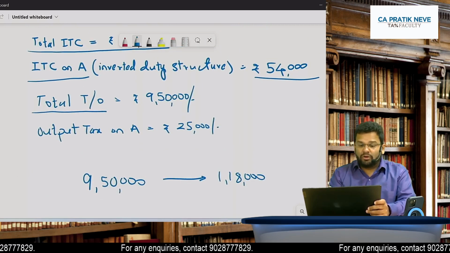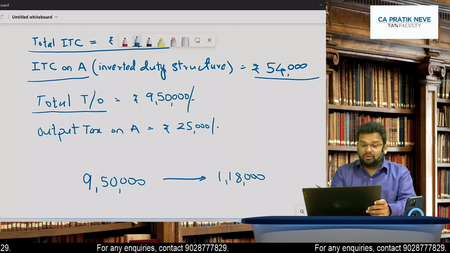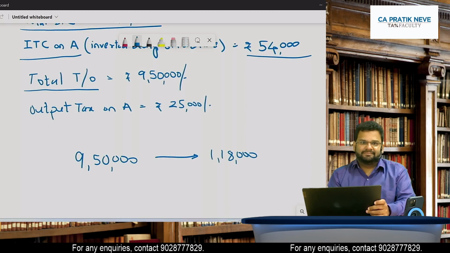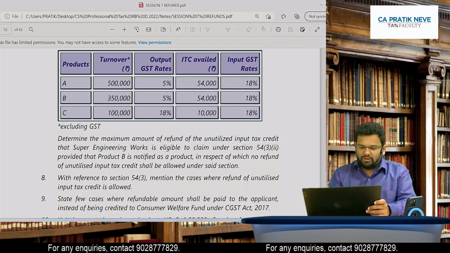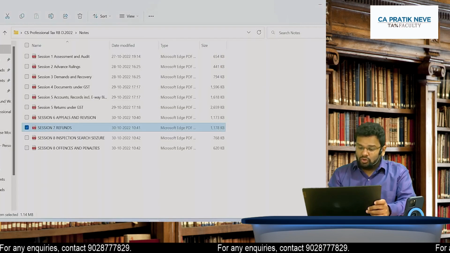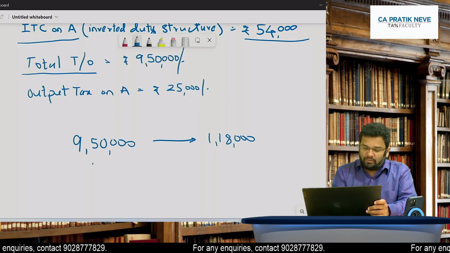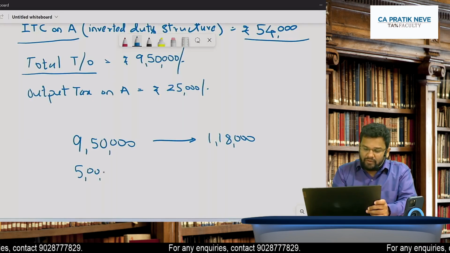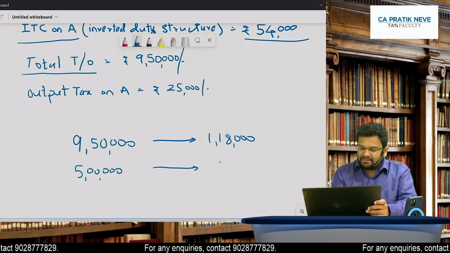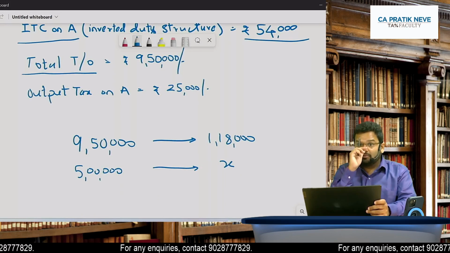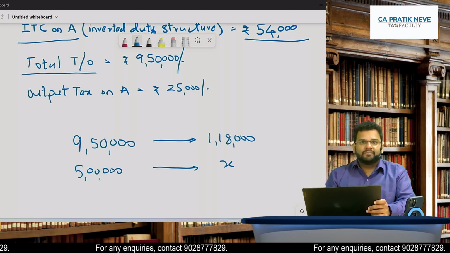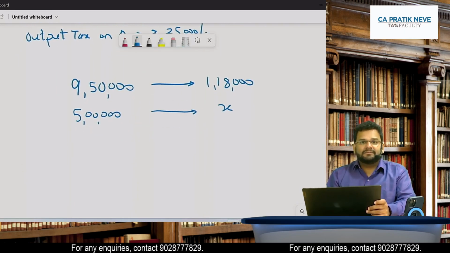So friends, what is turnover of A? 5 lakhs. So for 5 lakhs, how much should be the ITC? That much you should be eligible to claim as refund, not more than that, isn't it?